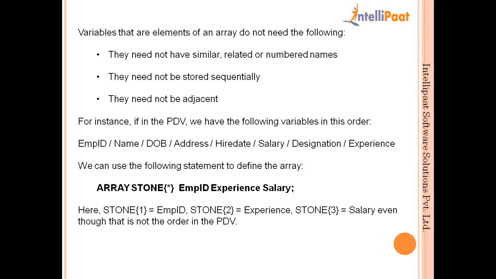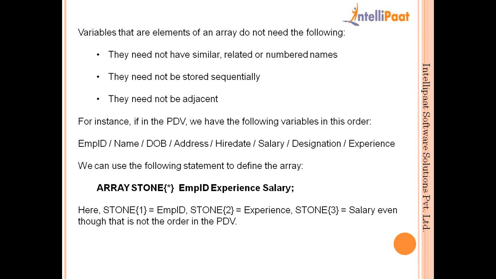For instance, in the PDV we have the following variables in this order: employee ID, name, date of birth, address, hire date, salary, designation, experience. We can use the following statement to define the array: array stone, employee ID, experience and salary.